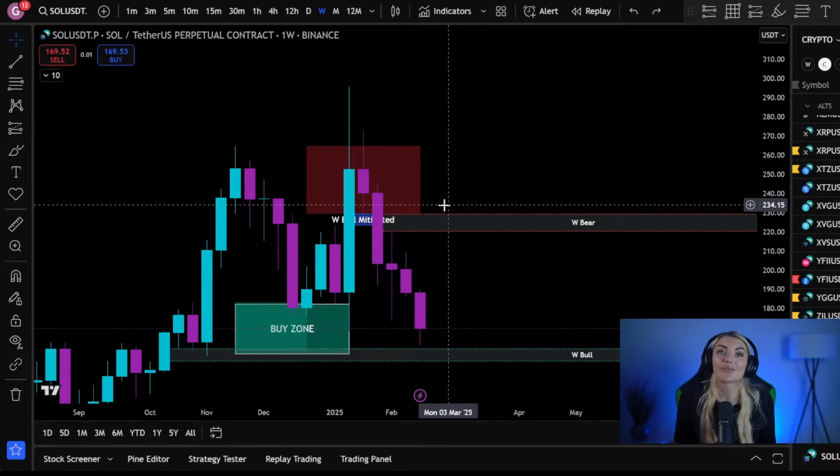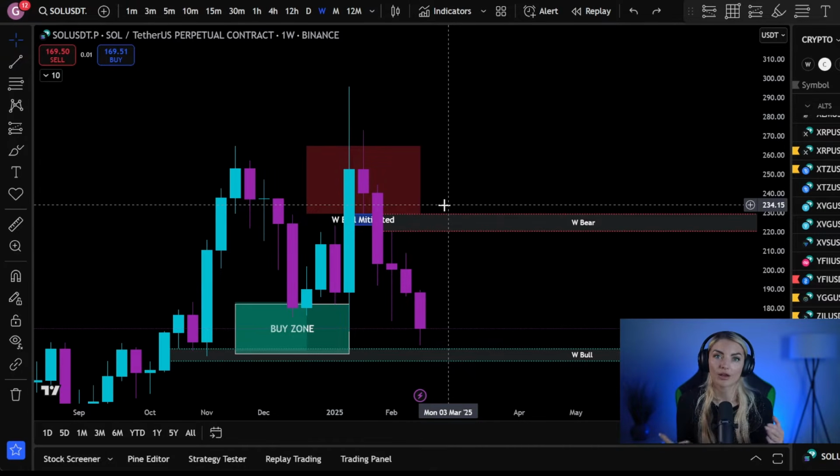As a result, the market is seeking to revisit these areas to fill the gaps and restore price balance. Now, understanding why gaps form is actually very crucial because it will help you anticipate where the market might go next. So you can do it manually, right?